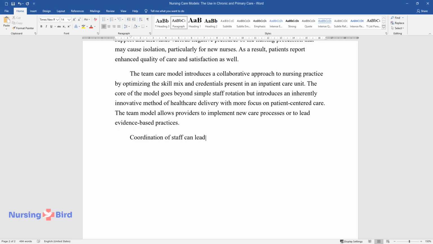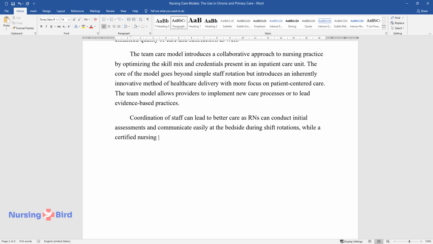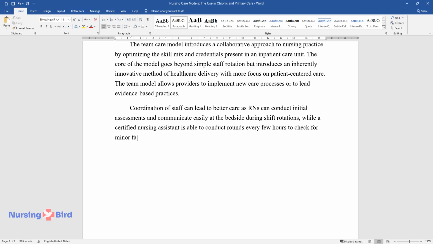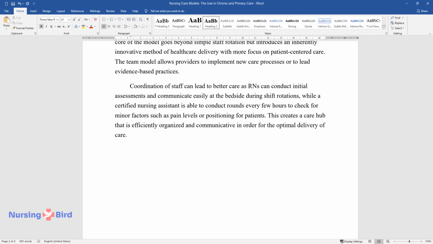Coordination of staff can lead to better care as RNs can conduct initial assessments and communicate easily at the bedside during shift rotations, while a certified nursing assistant is able to conduct rounds every few hours to check for minor factors such as pain levels or positioning for patients. This creates a care hub that is efficiently organized and communicative in order for the optimal delivery of care.